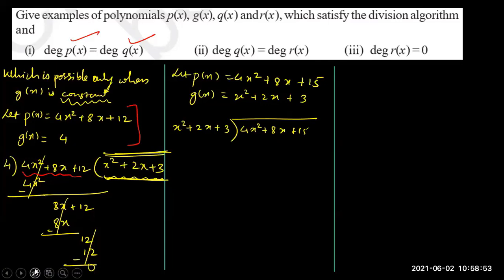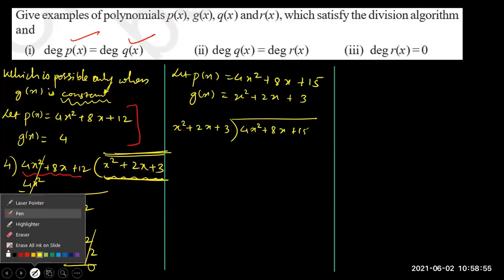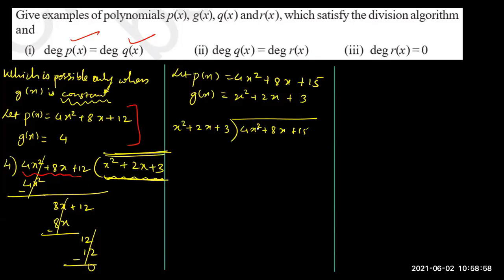If you do the division there, x square into 4, it is 4x square, 4 2s are 8x, 4 3s are 12. So minus, minus, minus, cancelled, cancelled, and remainder is 3 there. Okay. Now what is the degree of this quotient Q of x?